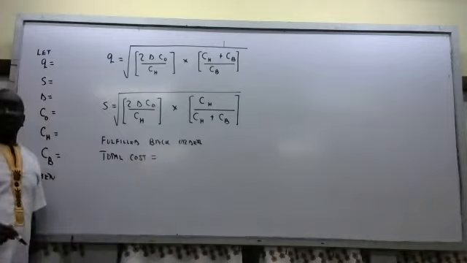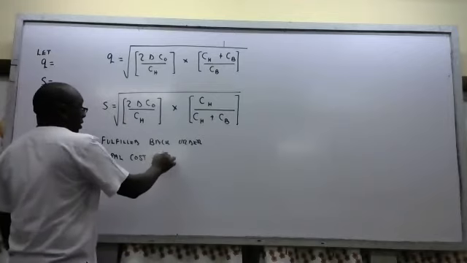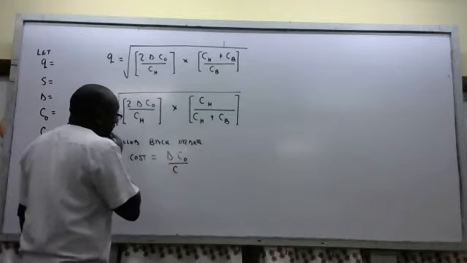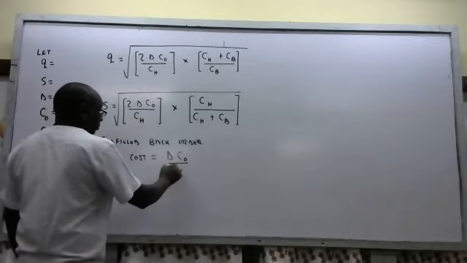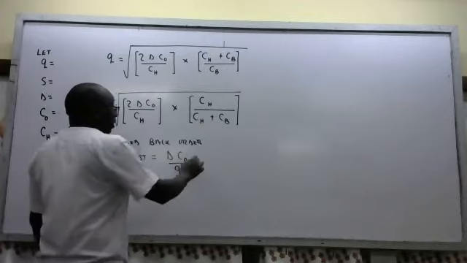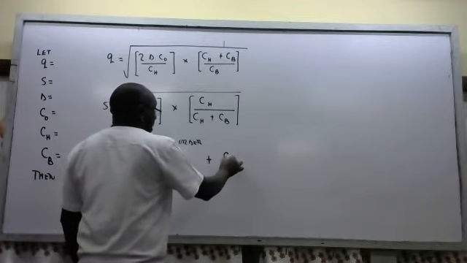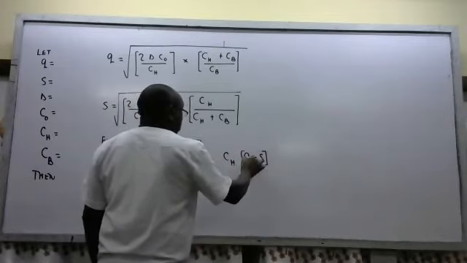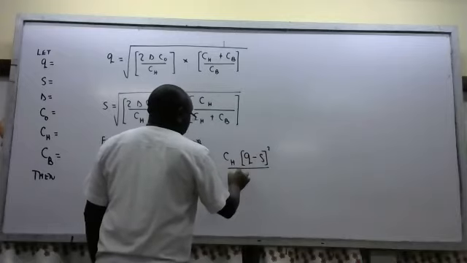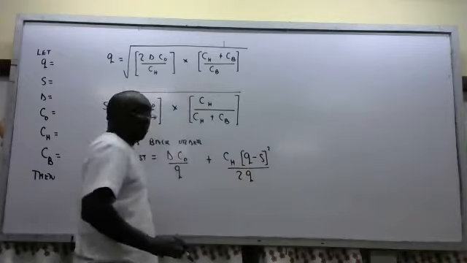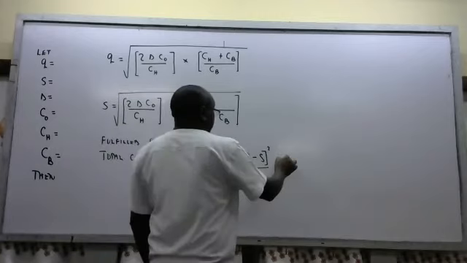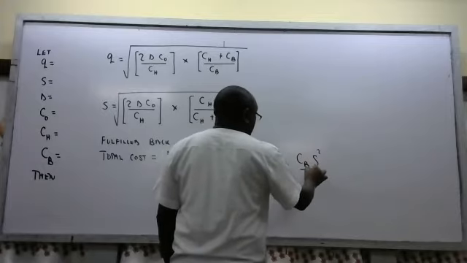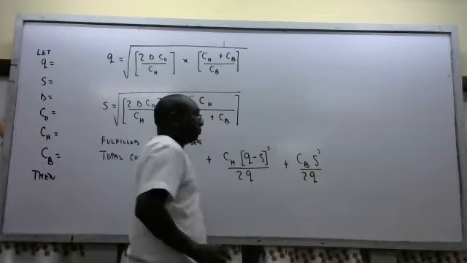On the fulfilled back order, the cost is DC naught out of Q plus CH Q minus S square divided by 2Q plus CB S square out of 2Q.